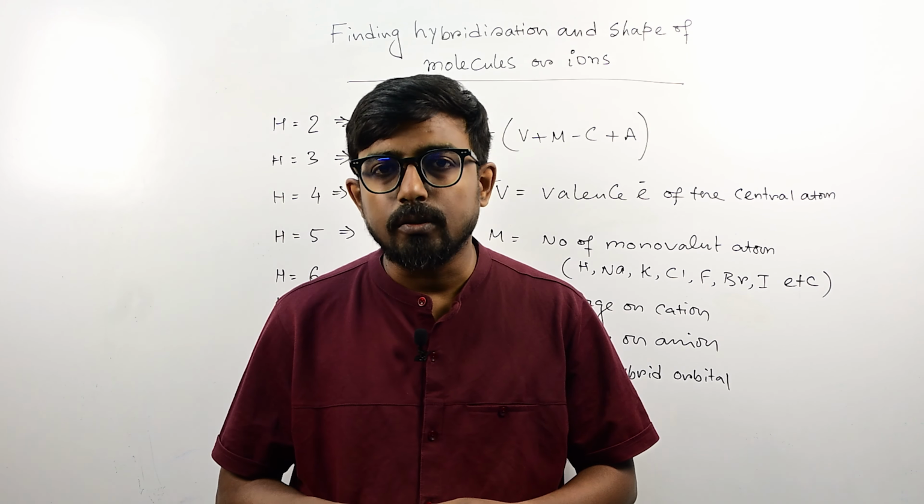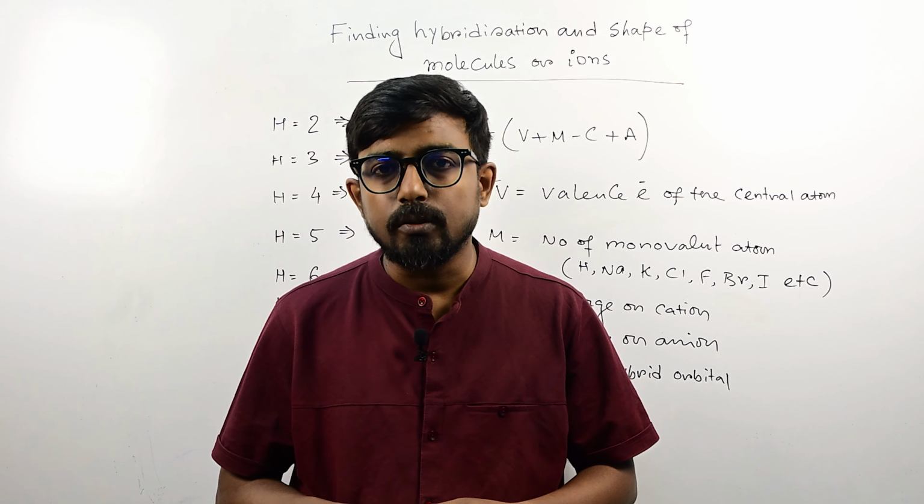So first we have to calculate the value of H, that is half. Now what is the electronic configuration of carbon? We can use 1s2, 2s2, 2p2, or simply 2, 4. Then the number of valence electrons is 4, and the number of monovalent atoms is also 4. So H will be 4.